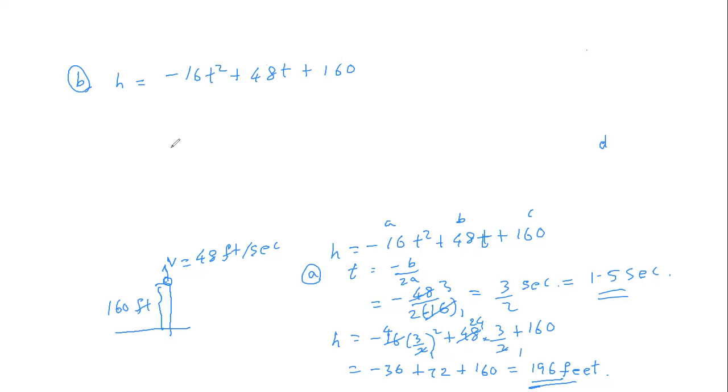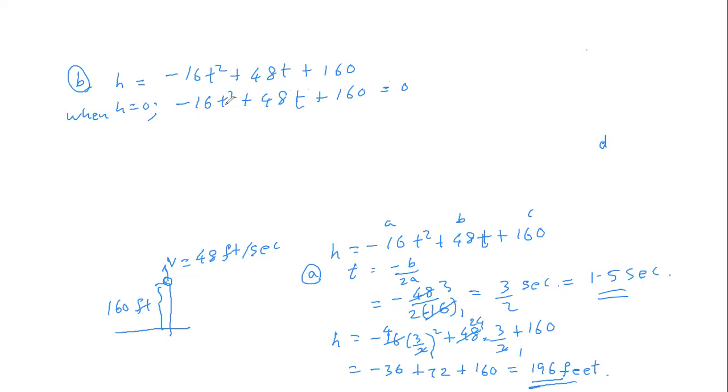How long will it take the ball to hit the ground? So to substitute h equals 0, we can say negative 16 t square plus 48 t plus 160 equal to 0.